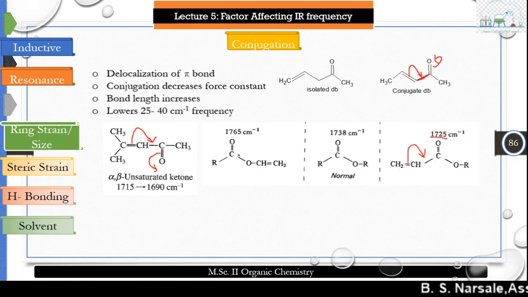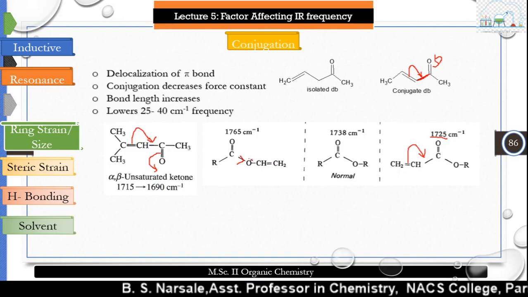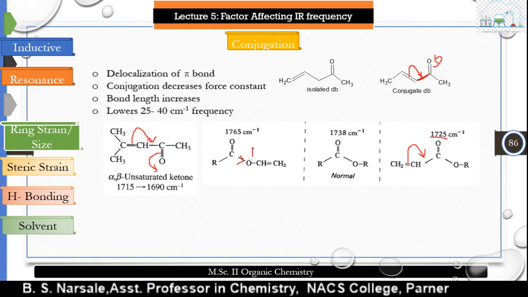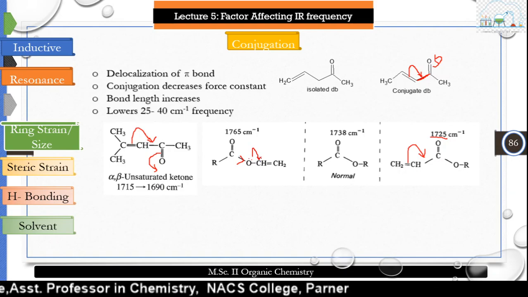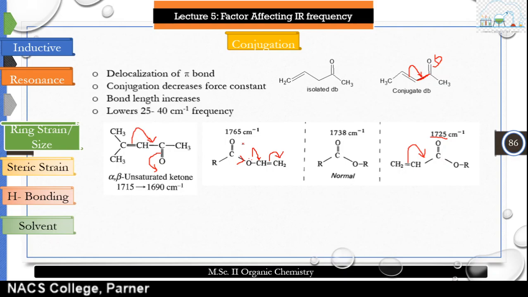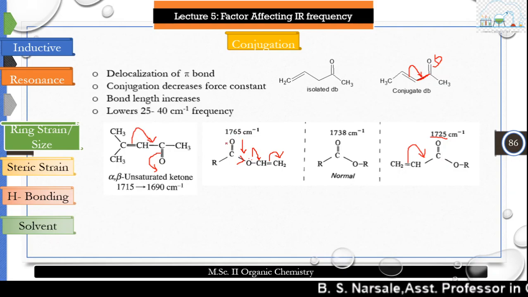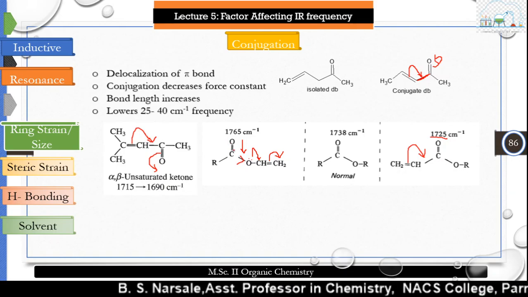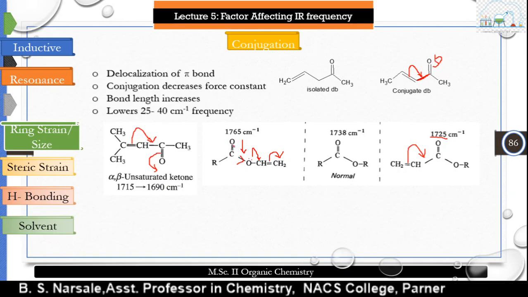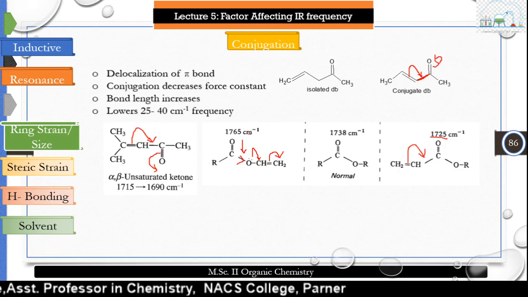What happens? Oxygen already pulls electrons towards itself, and due to these conjugations, it pulls more as it donates its electrons for resonance into the conjugation, so electron density decreases at the carbonyl carbon atom, so bond strength will be higher and the IR stretching will be higher.